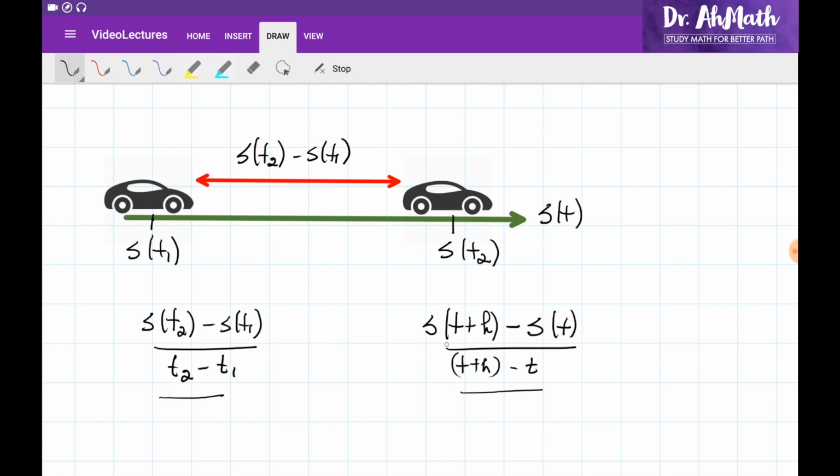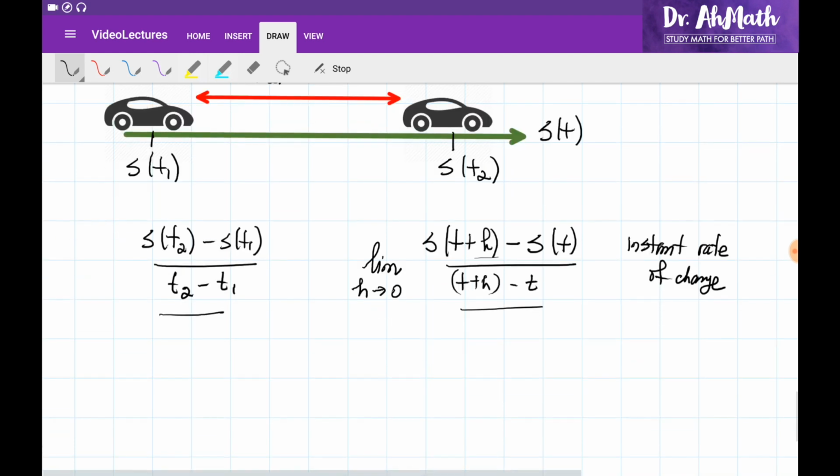We are going to take the rate of change. So here we take the rate of change of the distance between t and t1, and here we're taking the rate of change of the distance between t plus h and t. So if we take the limit when h goes to 0, basically, if these points t plus h and t are going to be really close to each other, then this is going to be the instant rate of change.